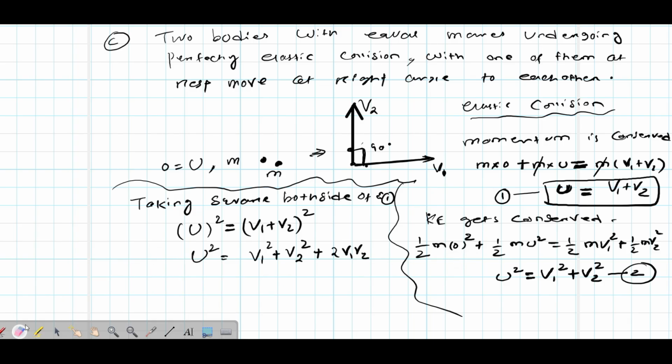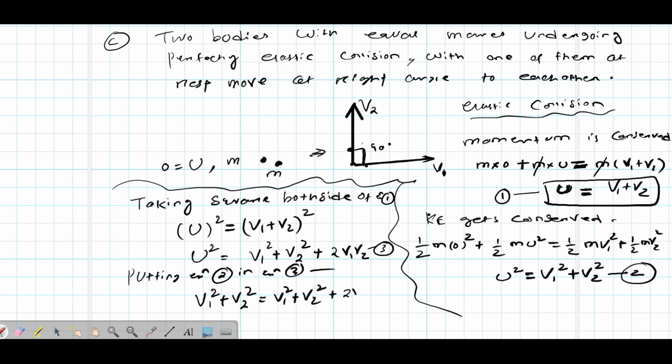This is equation 3. Putting equation 2 in equation 3, v1 square plus v2 square equals v1 square plus v2 square plus 2 v1 v2 cos theta, since a dot b is ab cos theta.